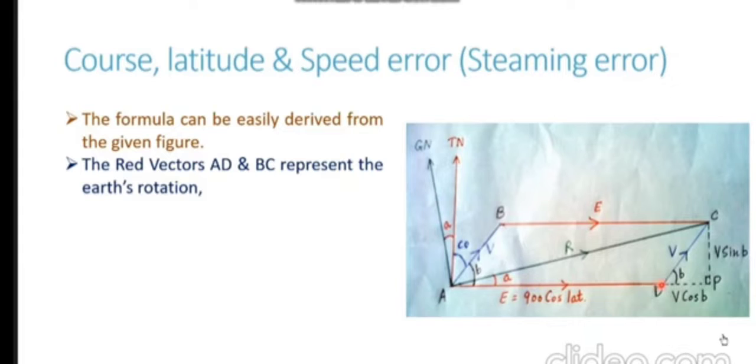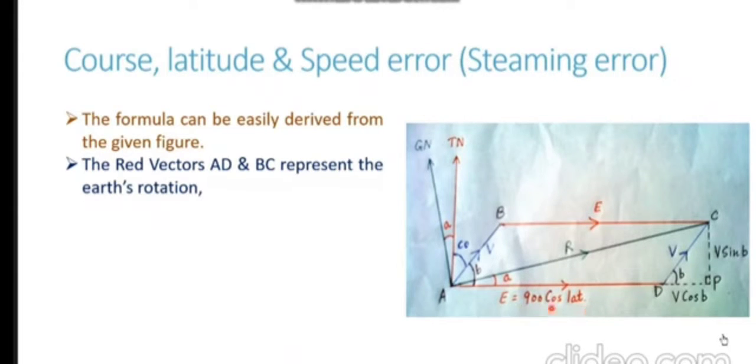This Alpha to Delta vector represents the Earth's rotation, and you can see it is mentioned as 900 cos latitude, which is the factor which gives us the rotational speed of the Earth at any particular latitude.